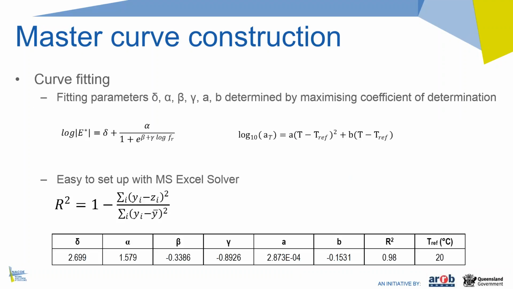So basically we solve both those equations, both the sigmoidal model and the temperature shift factor, at the same time, and we compare in our spreadsheet the predicted modulus versus the measured modulus, and then it's basically a matter of changing the fitting parameters until you get the lowest error or the maximum coefficient of determination that you can, using Microsoft Excel Solver, and it really becomes an automated process once you've set up the spreadsheet.